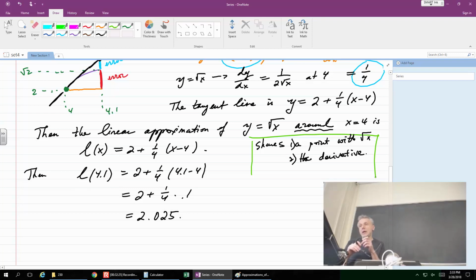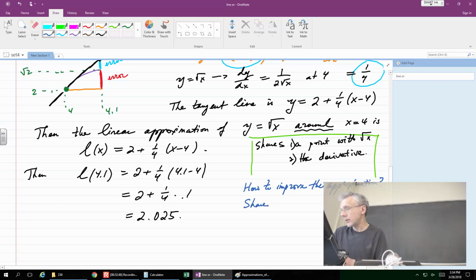The idea is share more. So the answer is to build a function that shares more things with the original than what we've got.